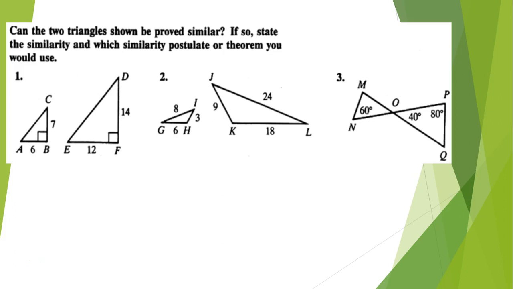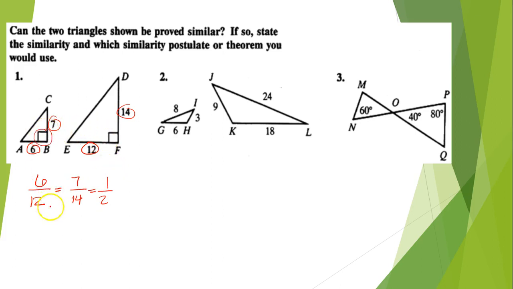Okay, so number 1, since we are given an angle in here and some sides, then right off the bat, you should think side, angle, side, okay? And that's how we're going to prove that these two triangles are similar. So let's see if their sides are proportional that we're given. So 6 over 12. And is that equal to 7 over 14? And this is true. They both equal 1/2.